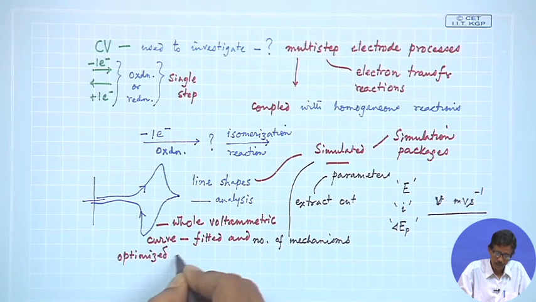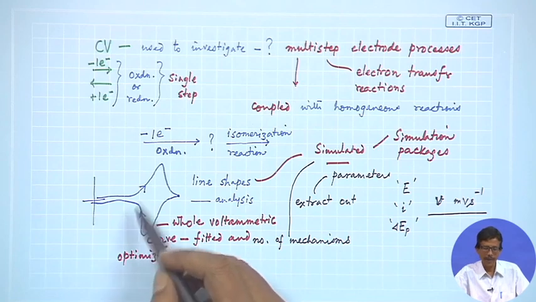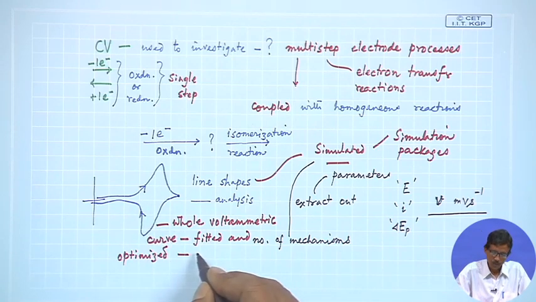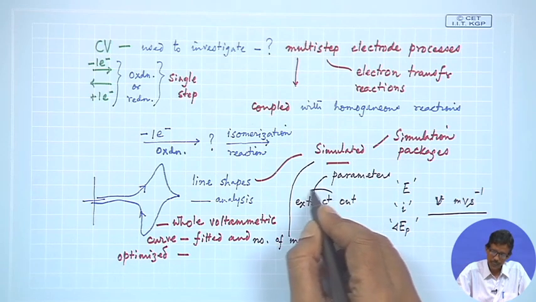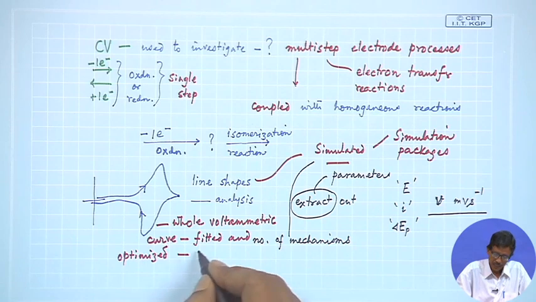That means it is not that you can exactly reproduce the experimental curve, but as much as possible you can match the corresponding experimental curve, and from that we extract the parameters.